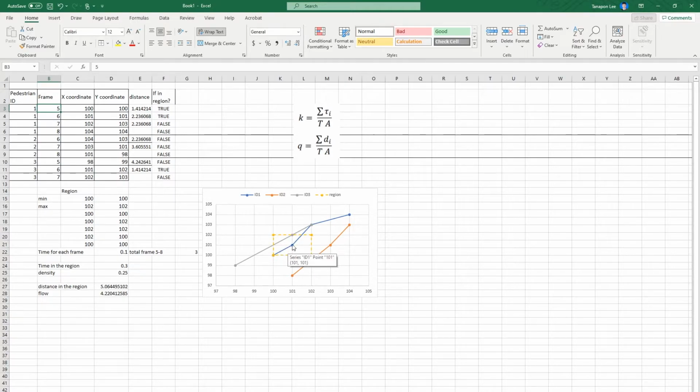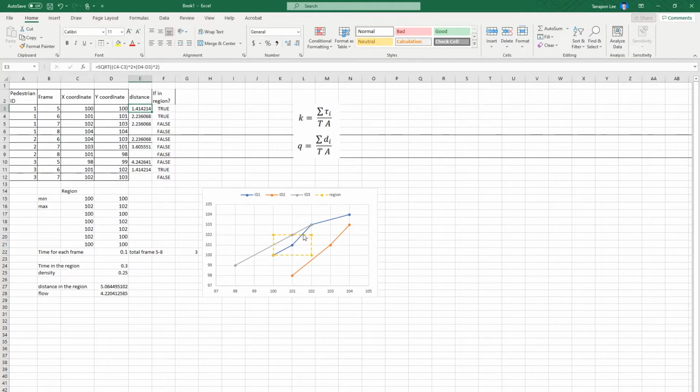So this is the distance he traveled from frame 5 to frame 6, which is 1.4 meters. And then from frame 6 to 7, he actually traveled 2.2 meters. But the distance that he actually spent inside is actually half of it. So if you want to be more precise, instead of just the sum of this, you might want to divide it by 2.